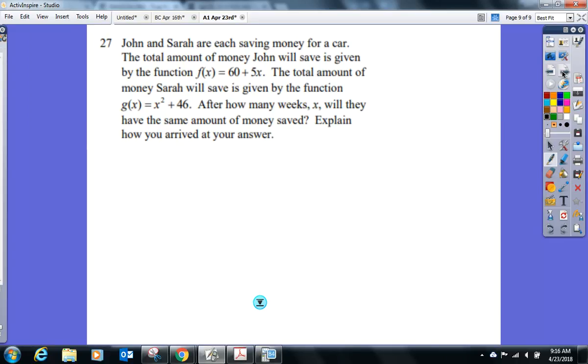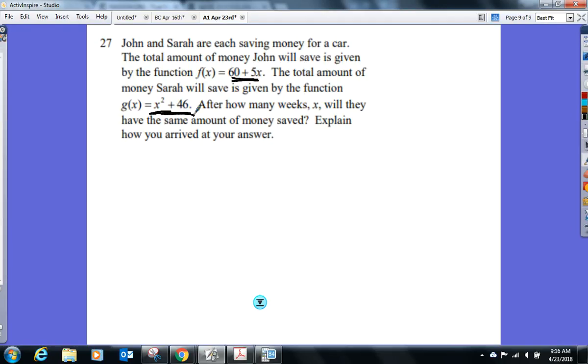All right, Johnny and Sarah saving money for a car. It's cute. John's going to save using this equation. Sarah's going to use the g of x one. And I want to know how many weeks are going to be the same amount. How many weeks are they going to save the same amount? Suggestions on what I should do with these two functions if I want to know when they're going to save the same amount? Hannah?